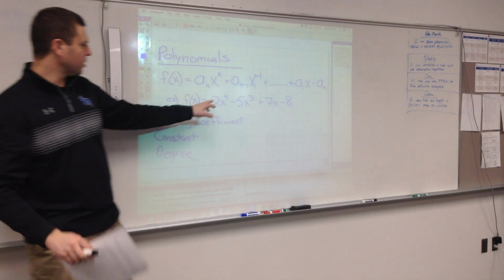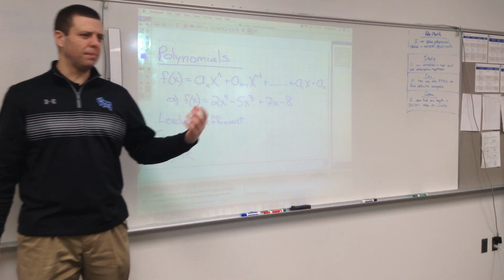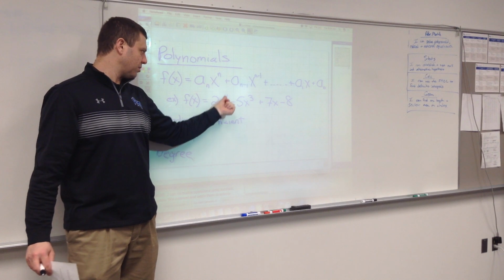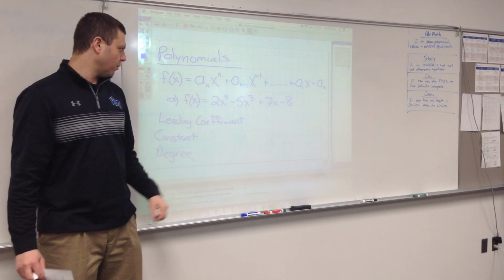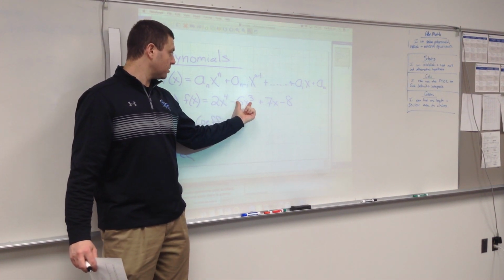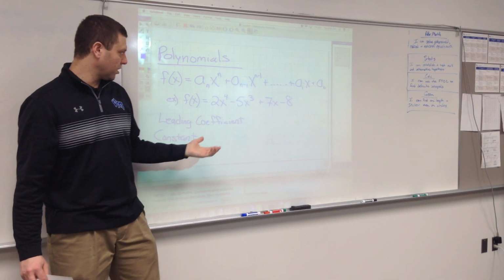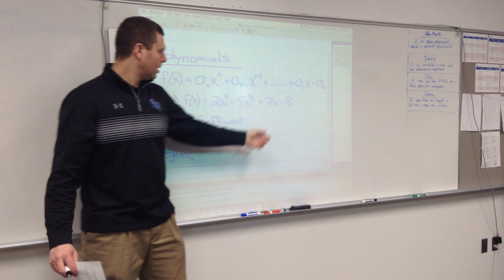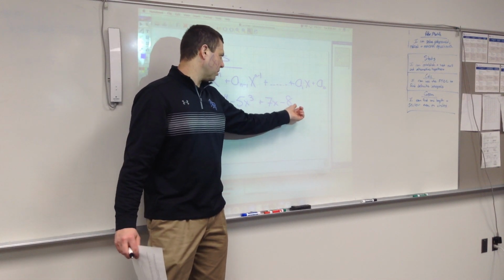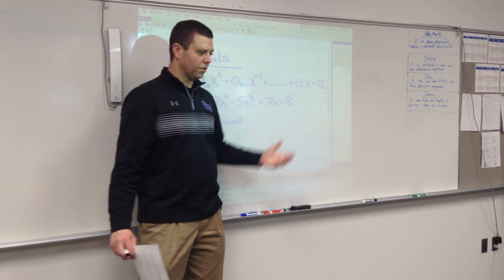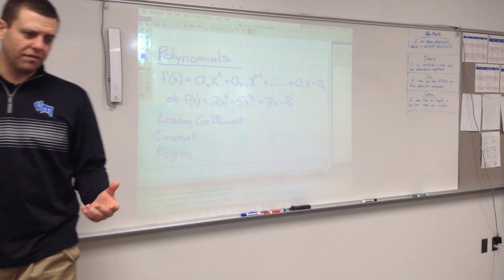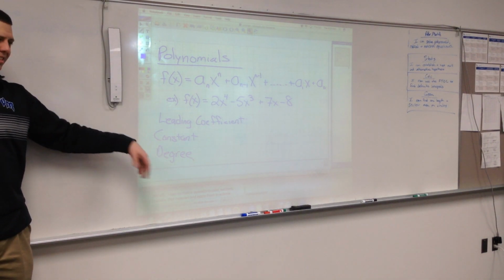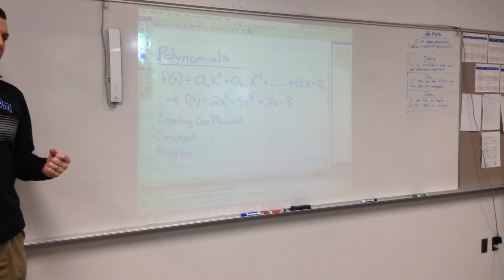The degree of this polynomial is 4 because that's the highest powered term you see. So 2x to the fourth is a term, it has an exponent of 4. Negative 5x cubed is a term, it has an exponent of only 3. 7x is a term, it only has an exponent of 1. Negative 8 is a term, it really has an exponent of x to the 0th power if you really want to do x having a power back there. So degree is basically the highest power that you see within a polynomial.